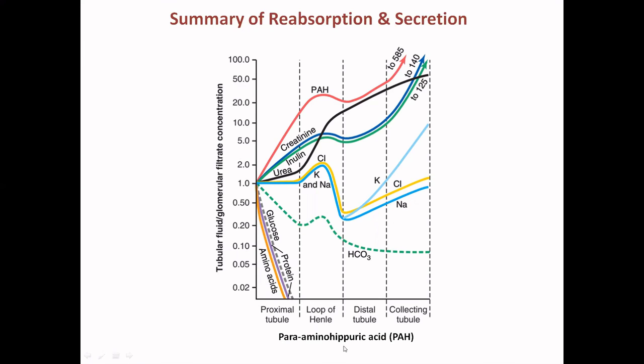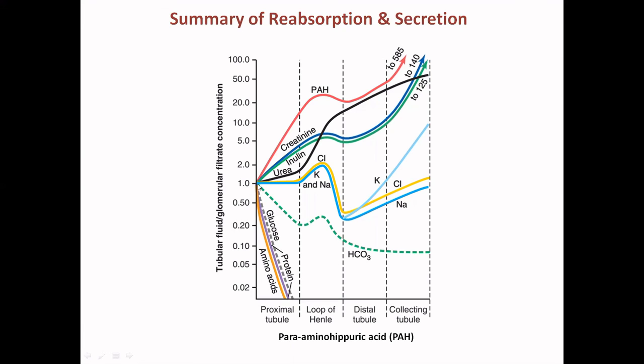Whereas para-aminohippuric acid and creatinine, which are nitrogenous wastes, are all excreted 100%. Then inulin is excreted 100%, and urea, as we have discussed, is 50% excreted and 50% stays in the medulla.